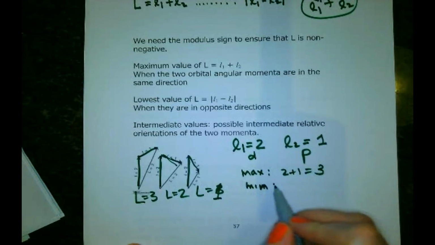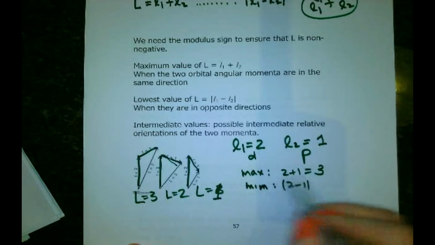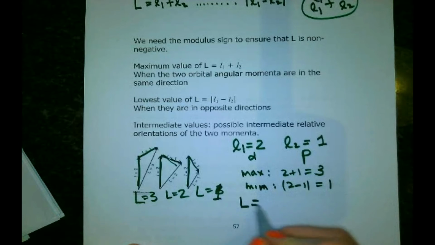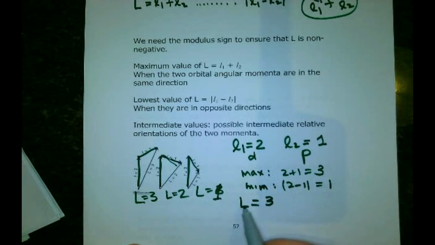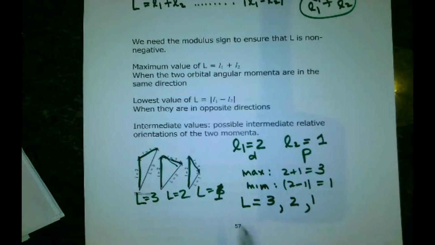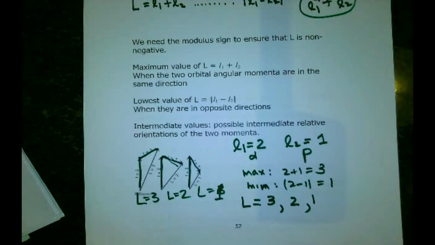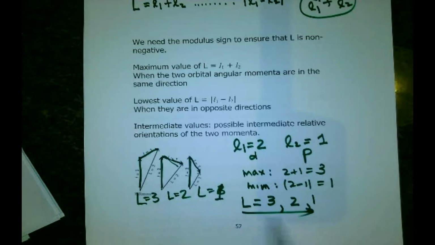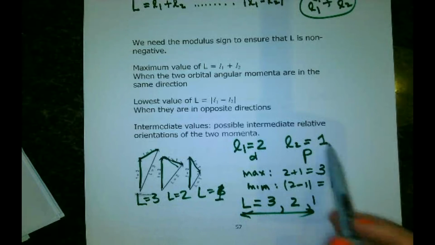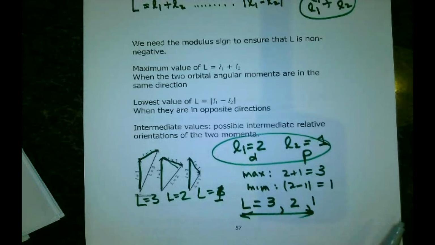The minimum is 2 minus 1, or 1 minus 2, it doesn't matter, is 1. And then you use all the values in between. So total orbital angular momentum L is the maximum, the minimum, and the value in between, as indicated here with vector notation. And that is how you get the possible values for total orbital angular momentum. So these are the total orbital angular momentum quantum numbers for this configuration.